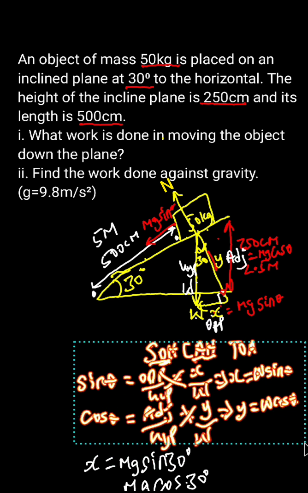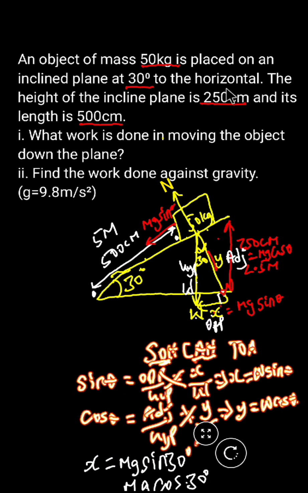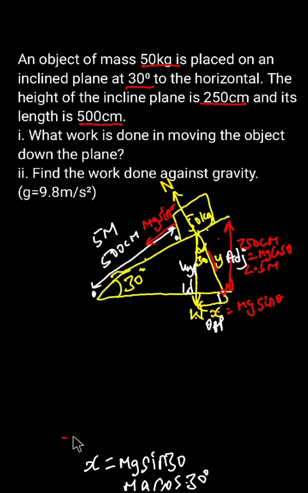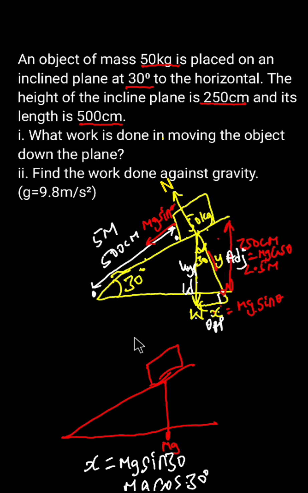So this is the inclined plane here, and this is the object. This object has a weight which we say is equal to mg, and then this is the normal reaction that is acting perpendicular to the plane and acting upwards.